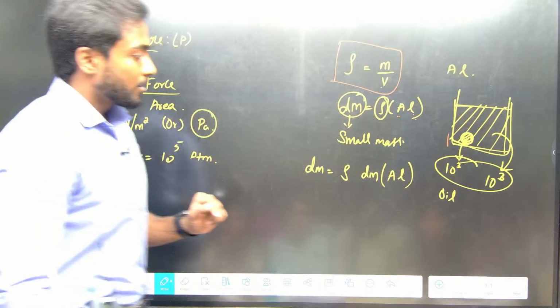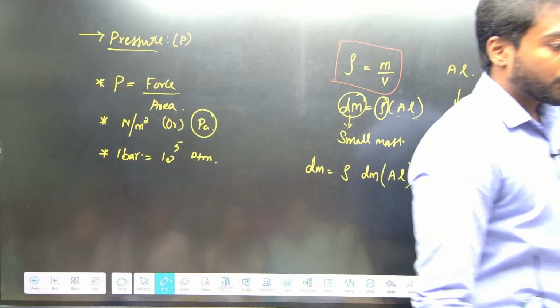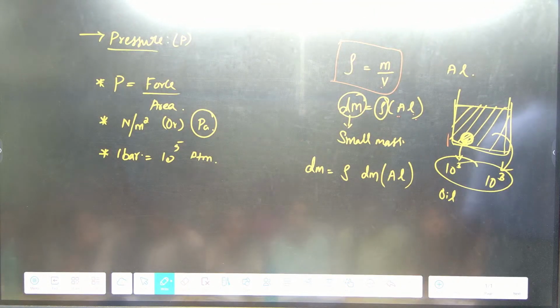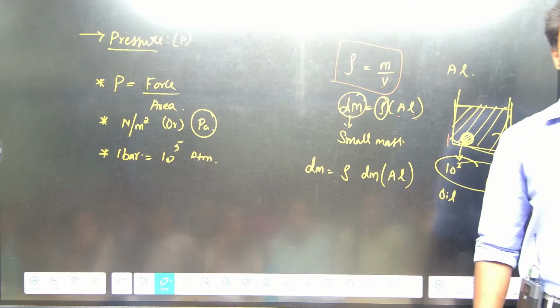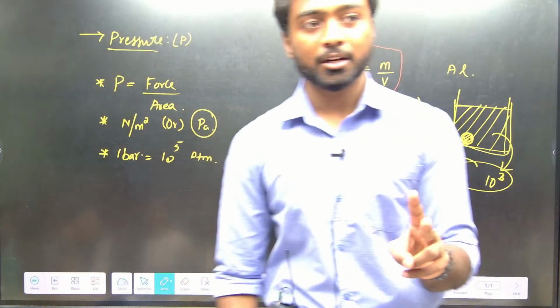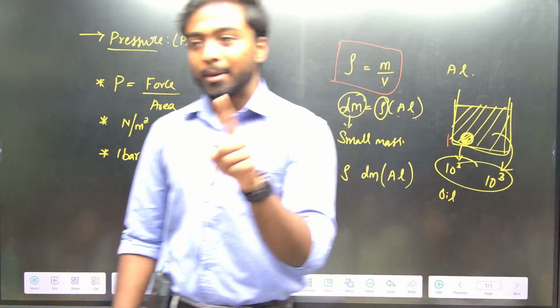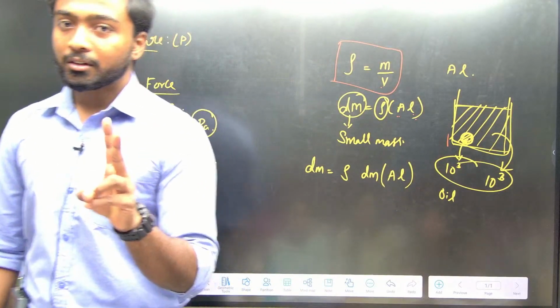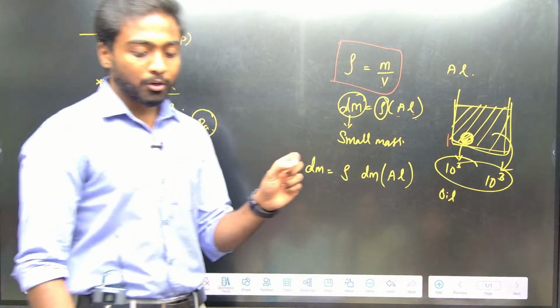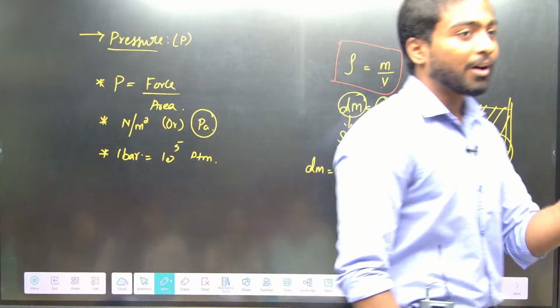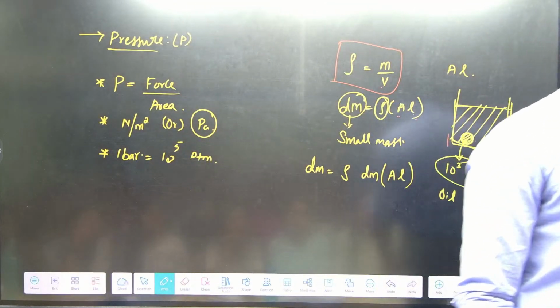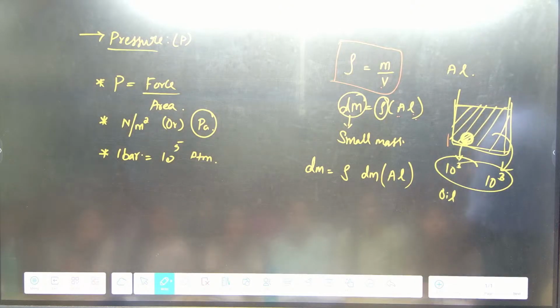Okay. And the third point I have told, if a liquid changes, density changes. If the density changes, I can't say it is constant. If the liquid remains constant, density also remains constant. If I talk about 1 drop of water also or 1 liter of water also, the density will remain the same. Okay.